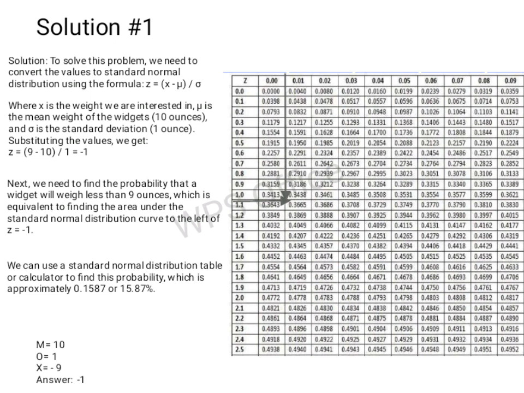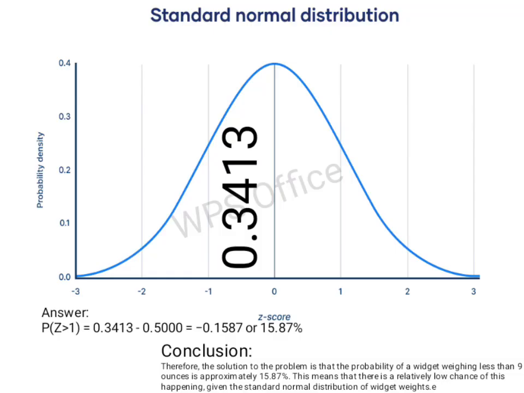We can use a standard normal distribution table or a calculator to find this probability, which is approximately 0.1587 or 15.87%, such that our mean is 10, the deviation is 1, and our value is 9, so the z-value is -1. Let's proceed to the standard normal distribution, or the bell curve.